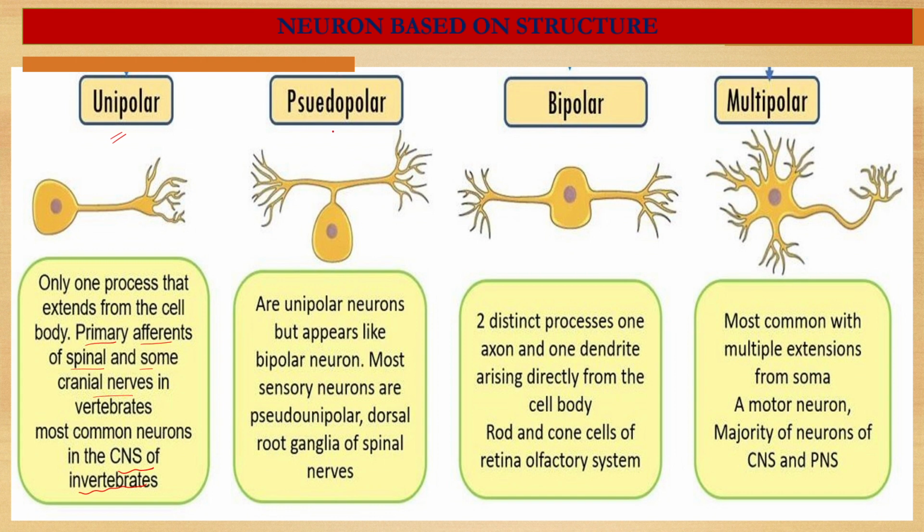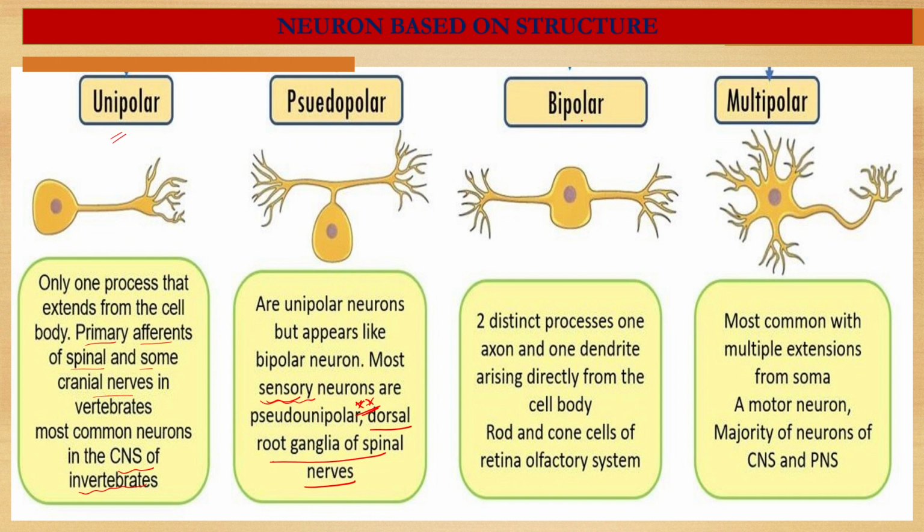Now the pseudo-unipolar type of neurons are mostly sensory neurons, and these are basically present in the dorsal root ganglia of the spinal nerves. So it is important, it is present in the dorsal root ganglia of the spinal nerves.